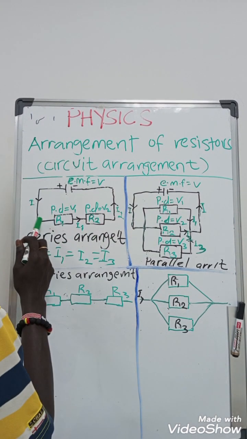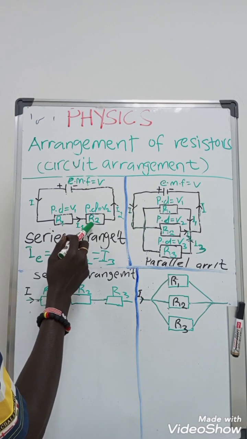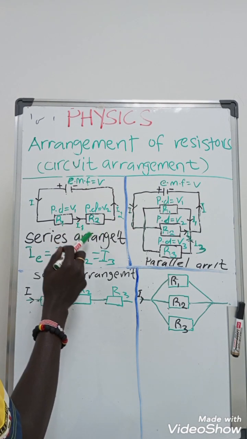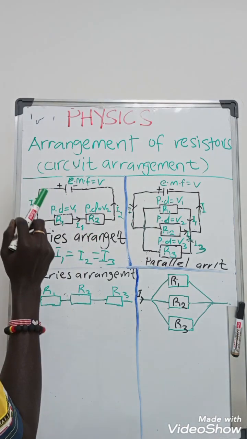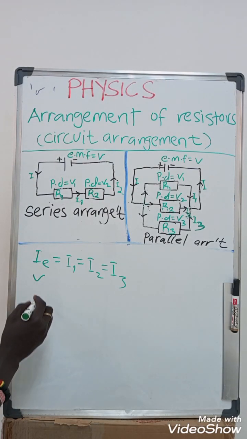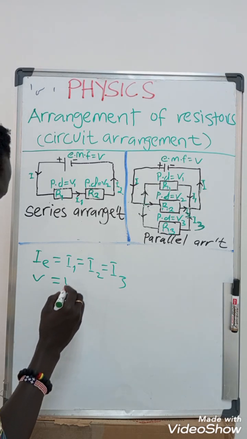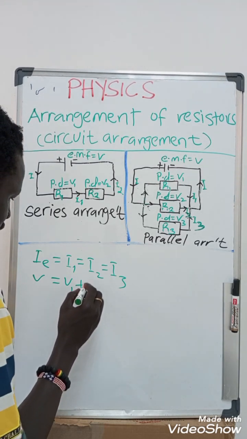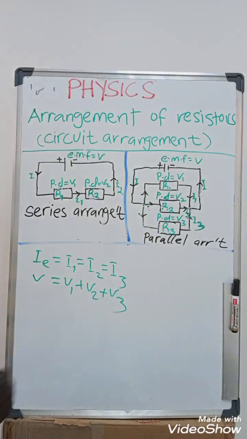Point number 2, the potential difference across each resistor is different based on their resistance, of which the potential difference across the whole combination is equal to V1 plus V2 plus V3.